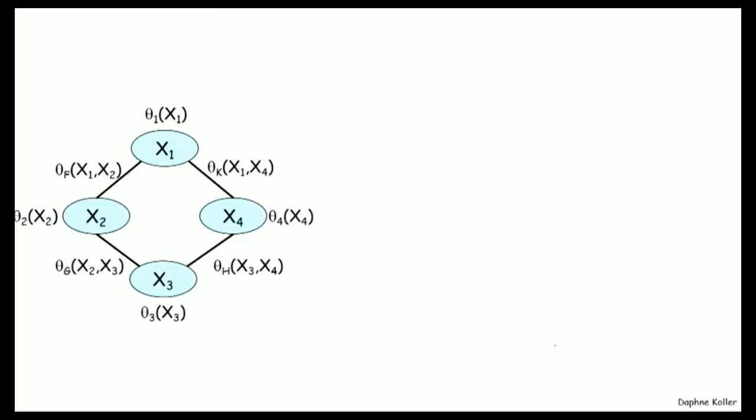So we have theta f of x1, x2, theta g of x2, x3, theta h, and theta k. So now how is this decomposition going to work here? Let's assume for the moment that we're going to decompose this over edges. So our factors are going to be, for example, the edge x1, x2. So now what is the optimization problem that this factor chooses?